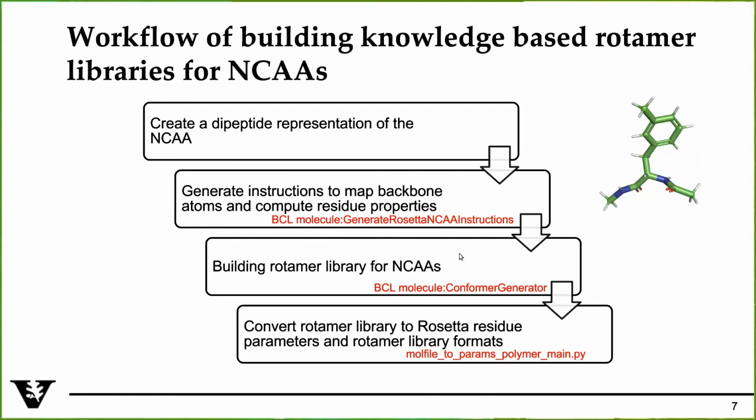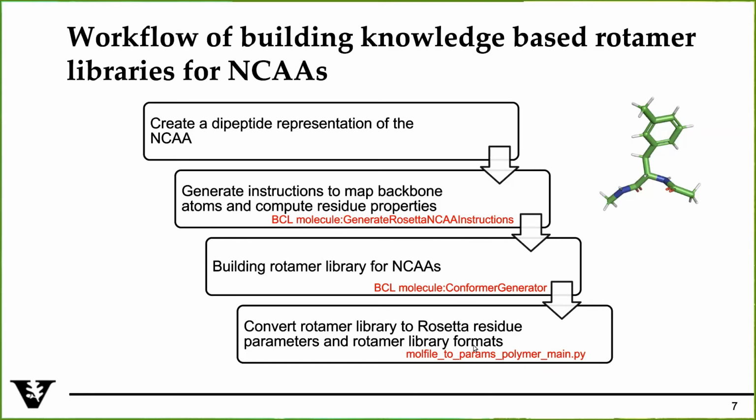And then next, we generate the rotamer library for non-natural amino acids with another application, the BCL conformer generator. And finally, we use a Python script file that we originally wrote in Rosetta, and then made various modifications on, and this is the modify to param polymer main.py.